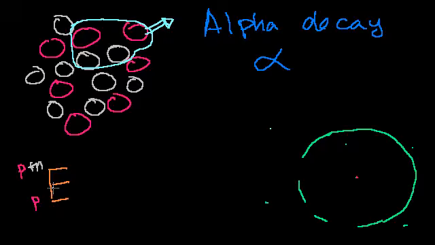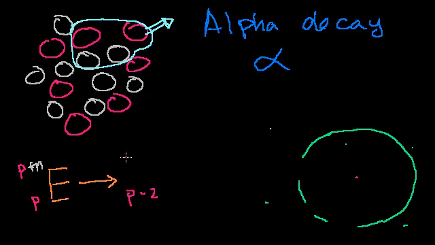So when it experiences alpha decay, what happens to the element? Well, its protons are going to decrease by 2. So its protons are going to be p minus 2. And then its neutrons are also going to decrease by 2. So its mass number is going to decrease by 4.